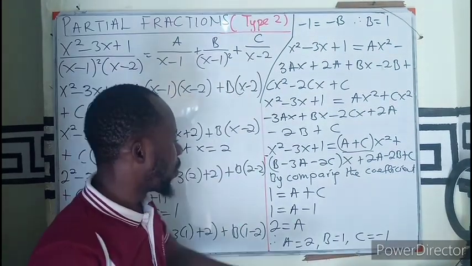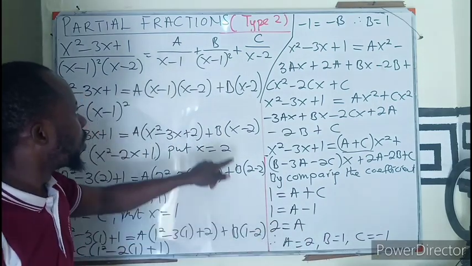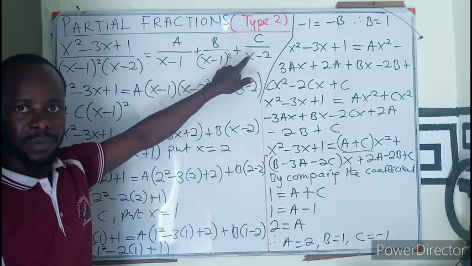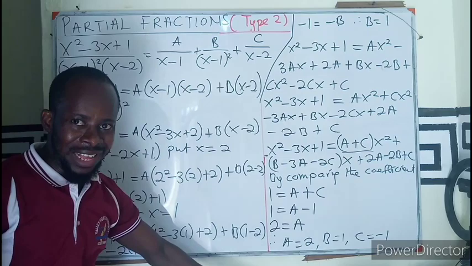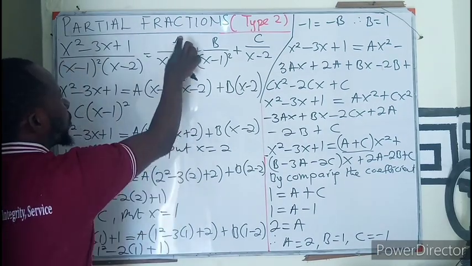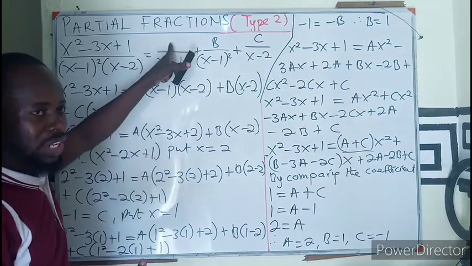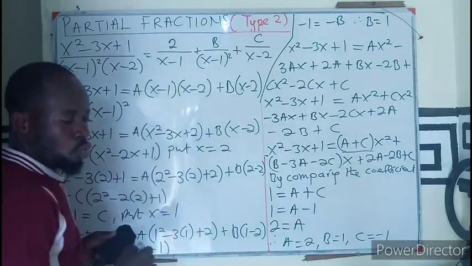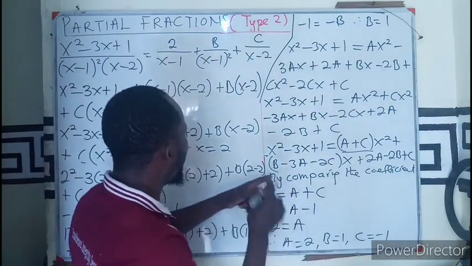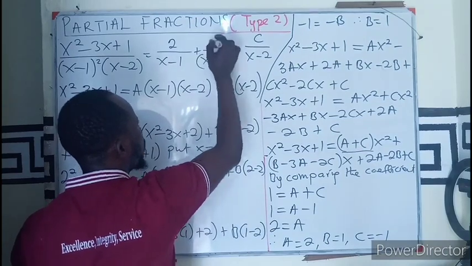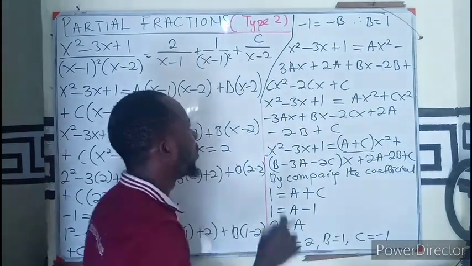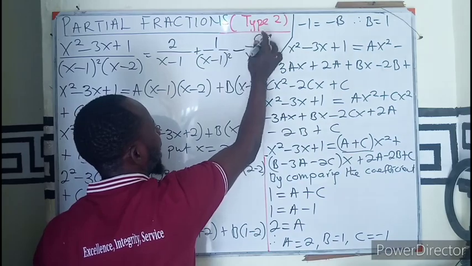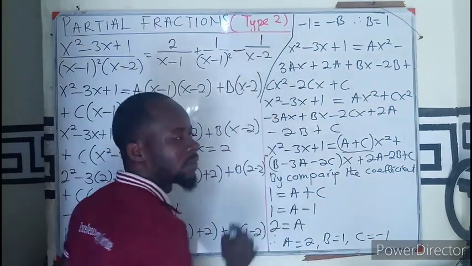So we are going to substitute this value into the position of this. So our final answer is supposed to have, I'm going to change it from here since I don't have space, 2, then B will tend to 1, then C will tend to minus 1.